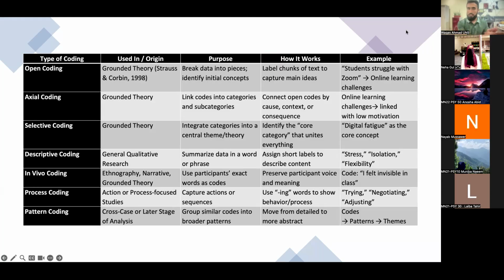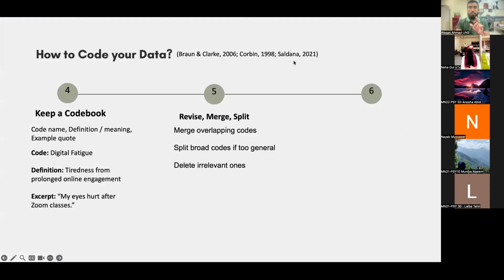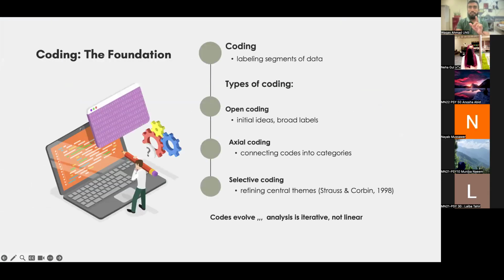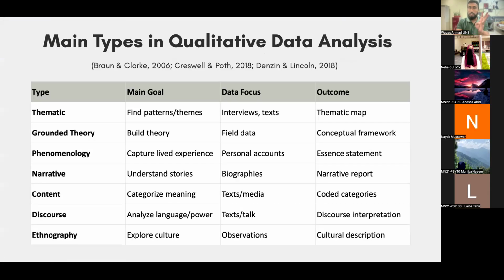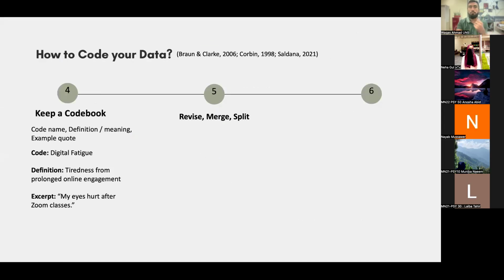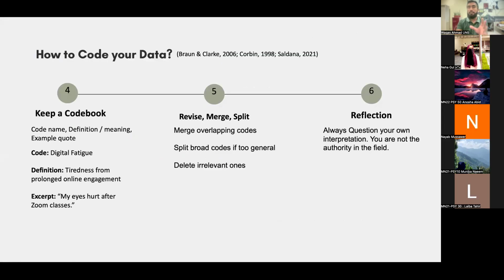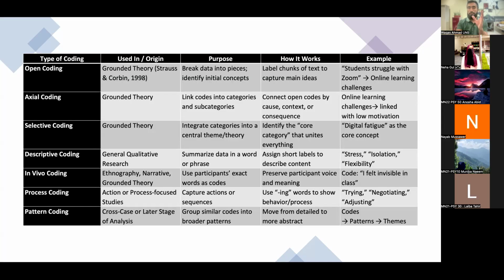One was theory oriented, one was data oriented, and the third was a mix of both. As earlier, we said that we have different kinds of data analysis: thematic analysis, narrative analysis, content, discourse, ethnography, and so on. For each one, we have a different kind of code available.